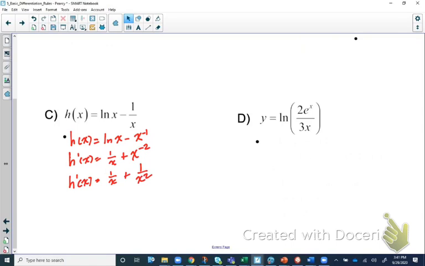And the last one that we see on the screen here, D, there are 2 more that we're going to take a look at, but D here, again, properties of logarithms, I'm going to separate this to be y is equal to natural log of 2 plus the natural log of e to the x power minus the natural log of 3x.